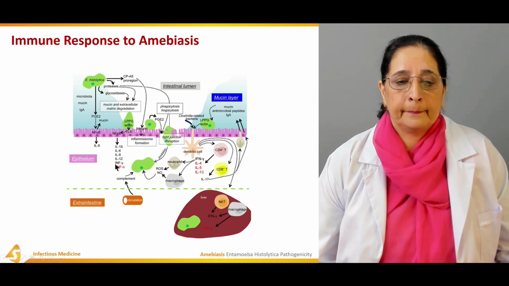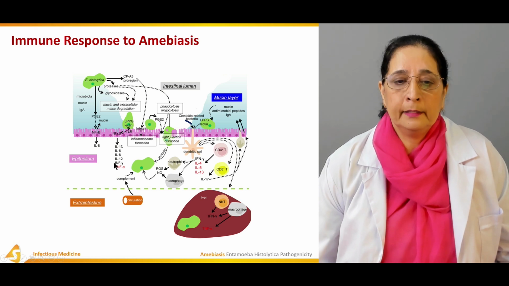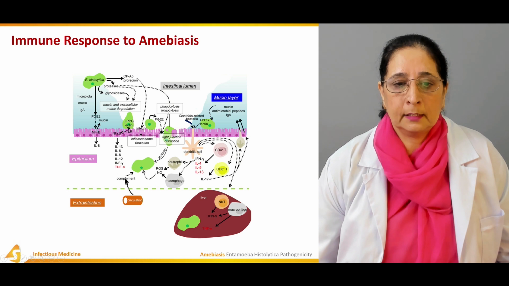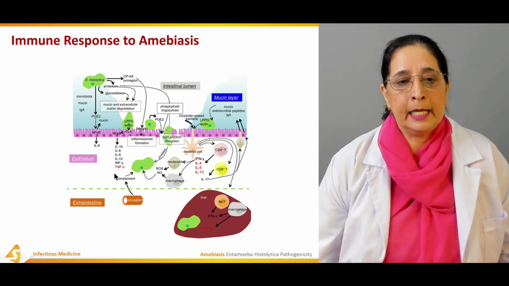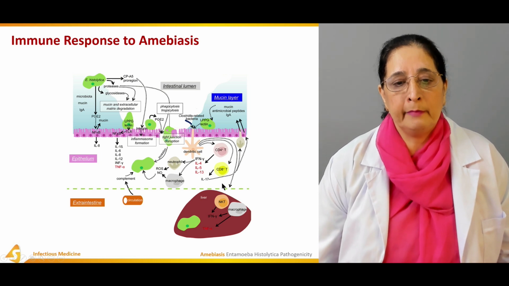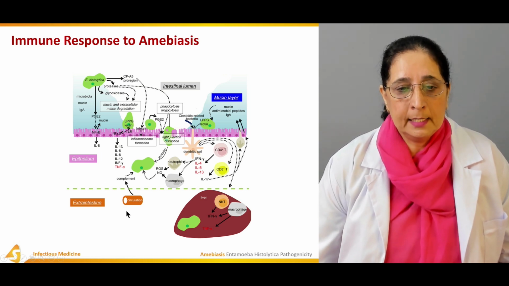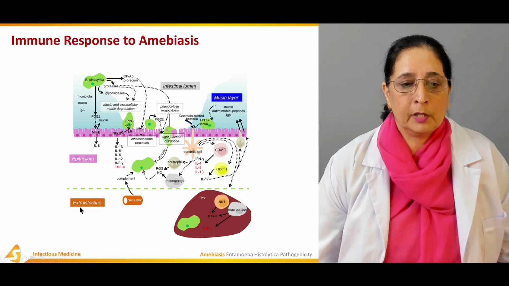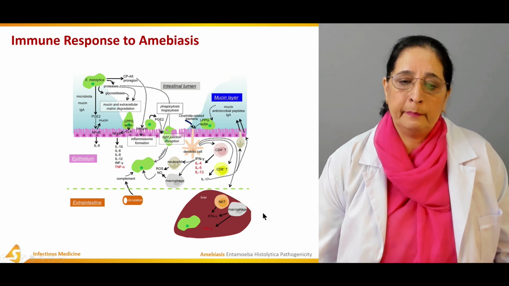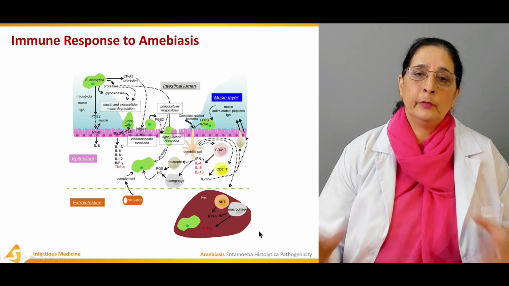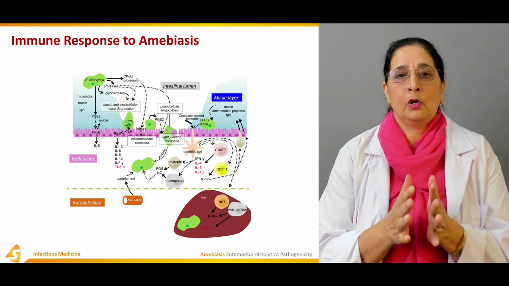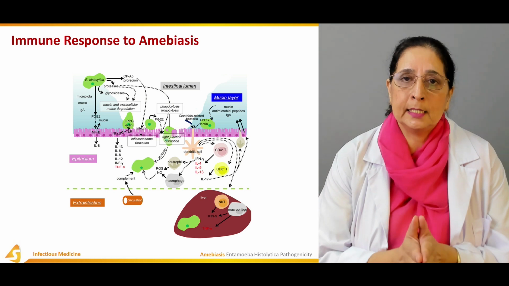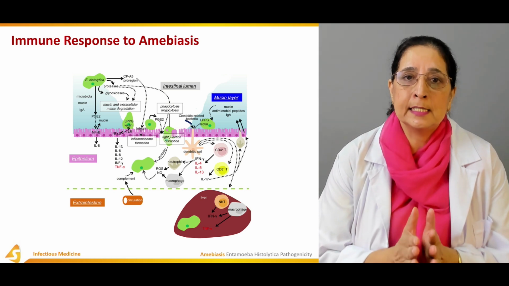tumor necrosis factor, gamma, tumor necrosis factor. All these are released, and they can start an immune response to amebiasis, and extraintestinal spread can go into the matrix and the liver. So the main process of Entamoeba histolytica pathogenesis is by the proteases.